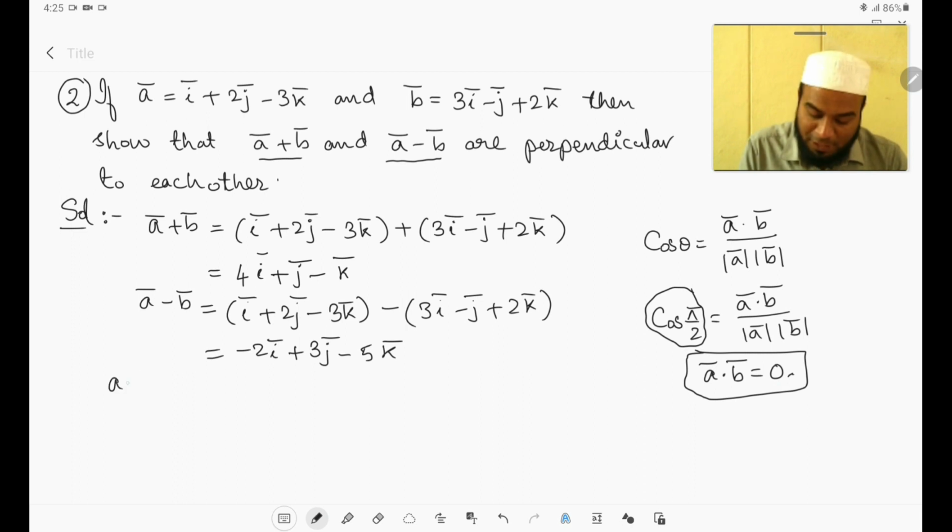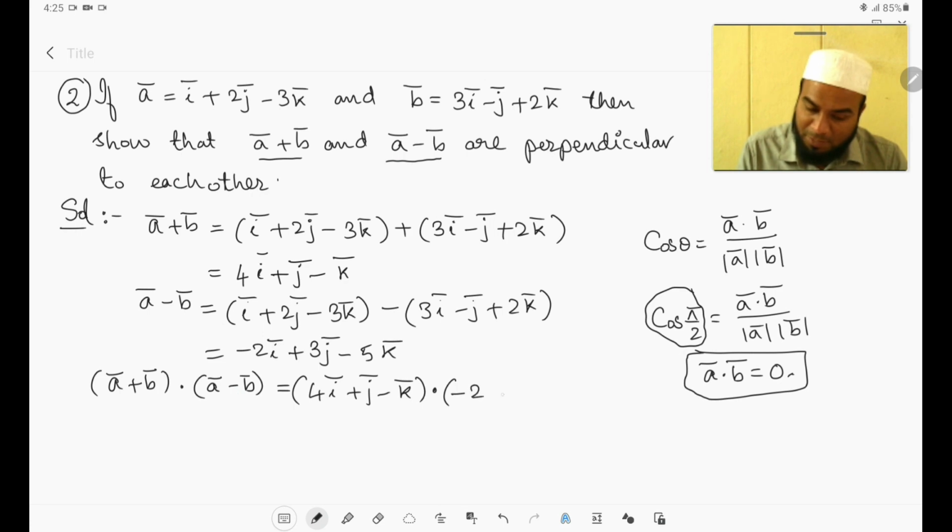So let us find a bar plus b bar dot a bar minus b bar. a bar plus b bar is 4i bar plus j bar minus k bar, dot a bar minus b bar, which is minus 2i bar plus 3j bar minus 5k bar.